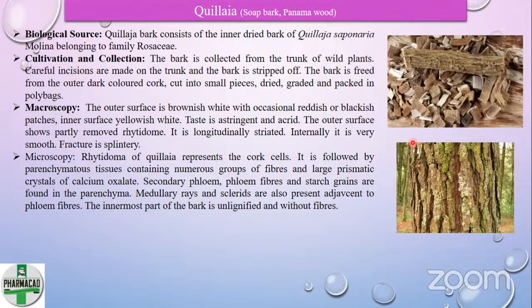Then it has parenchymatous tissues containing numerous groups of fibers and large prismatic crystals of calcium oxalate. Phloem fibers, xylem fibers, everything else will be the same. It is an inner bark, so everything else will be there. And the innermost part will be unlignified and without fibers. This is very surprising about Quillaja bark, that the innermost part is unlignified.